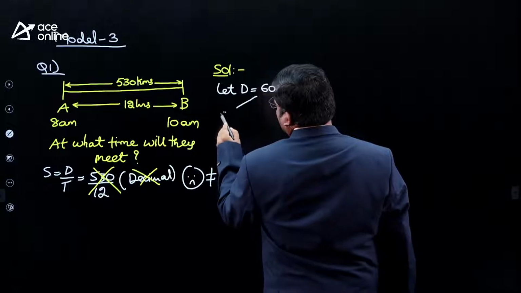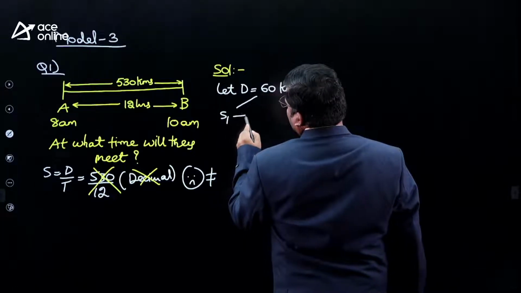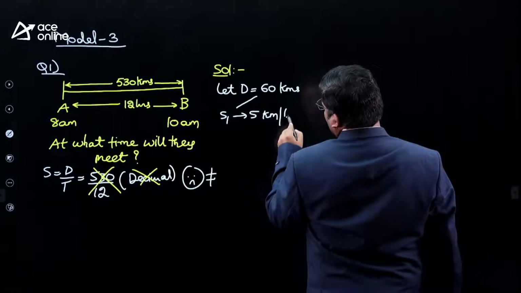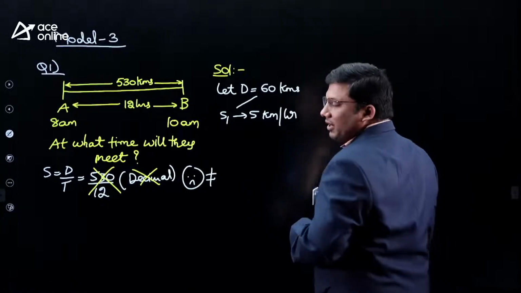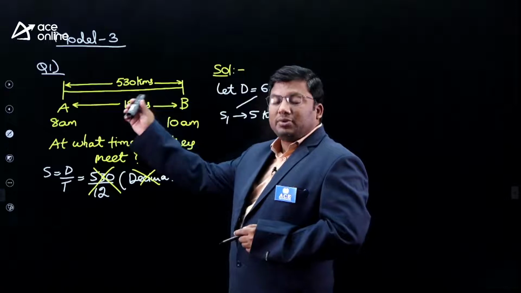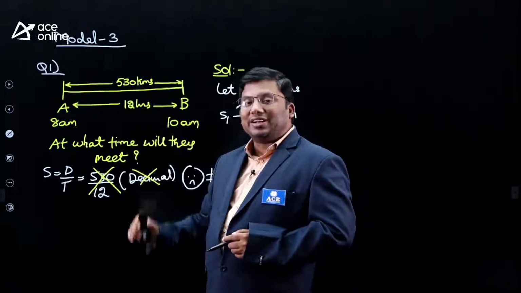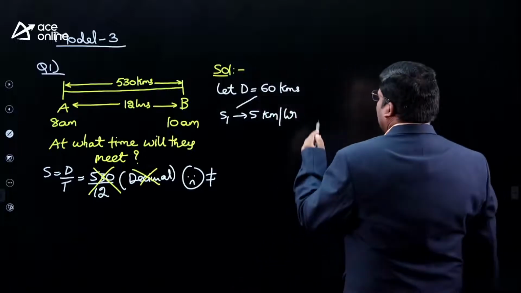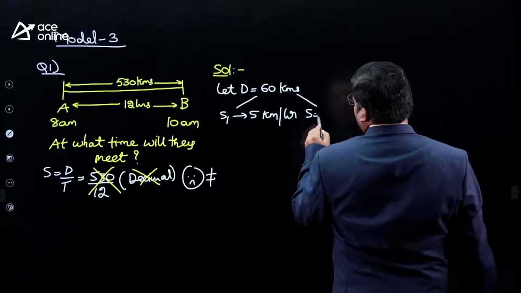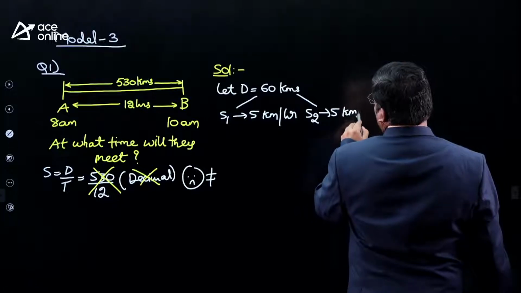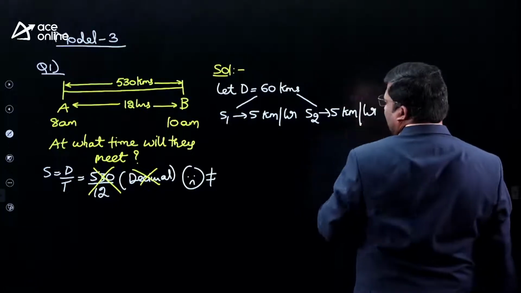60 kilometers in 12 hours, so S1 will be 5 kilometers per hour. The distance from A to B is 60 in 12 hours, and B to A is also 60 in 12 hours, so S2 will also be 5 kilometers per hour.